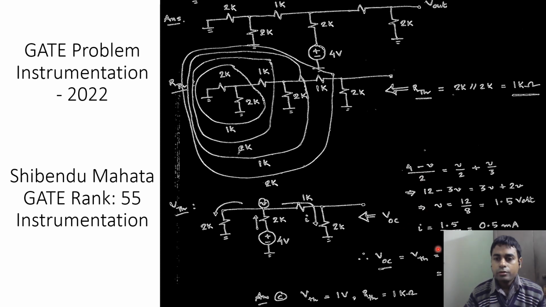From here, if we do this little math, we find that this current I is equal to 0.5 milliampere. And therefore, the open circuit voltage, the Thevenin equivalent voltage, is simply this current I multiplied by the 2 kilo ohm resistance, and this becomes equal to 1 volt. So the Thevenin voltage is equal to 1 volt and the Thevenin resistance is equal to 1 kilo ohm.